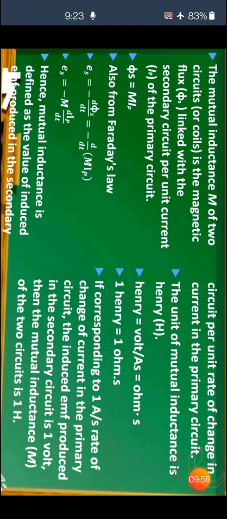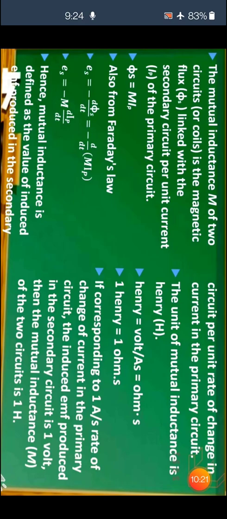Hence, the mutual inductance is defined as the value of induced EMF produced in the secondary circuit per unit rate of change in current in the primary circuit. The unit of mutual inductance is Henry.